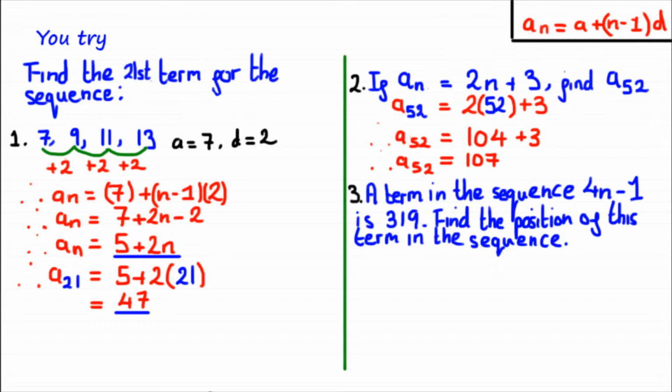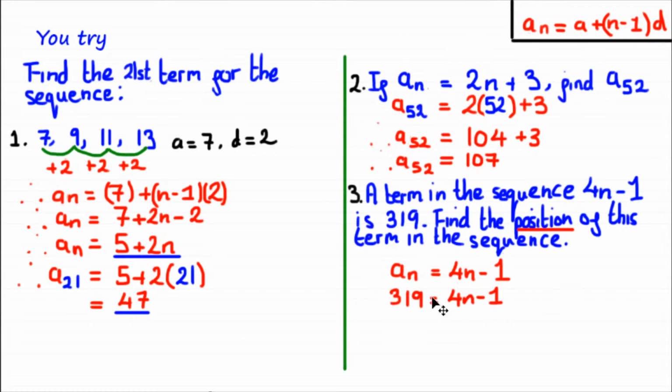All right, okay. So let's have a look at this question. We've been asked to find the position of a term which is in the sequence. We're told that this term is in the sequence, okay? Now, as you remember, I like to associate the word position to the letter n, okay? So we're effectively looking for the n value which satisfies this equation, okay?